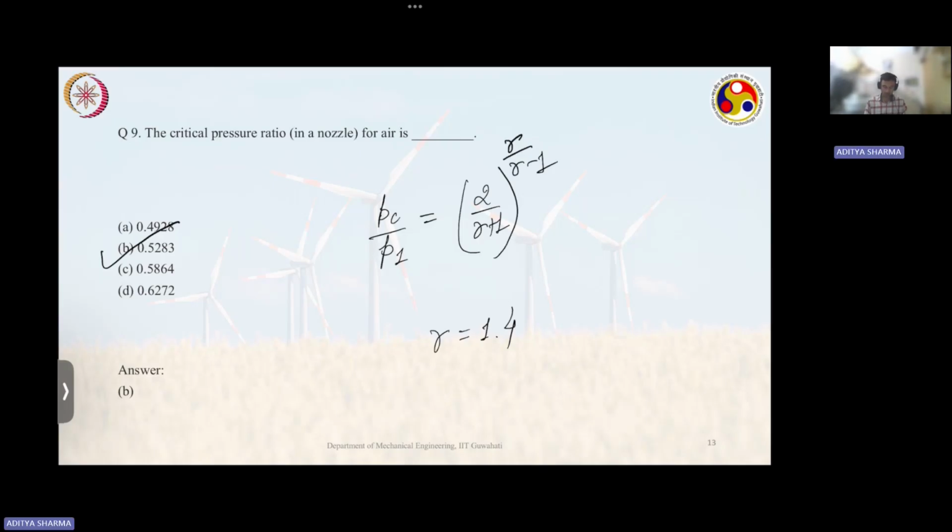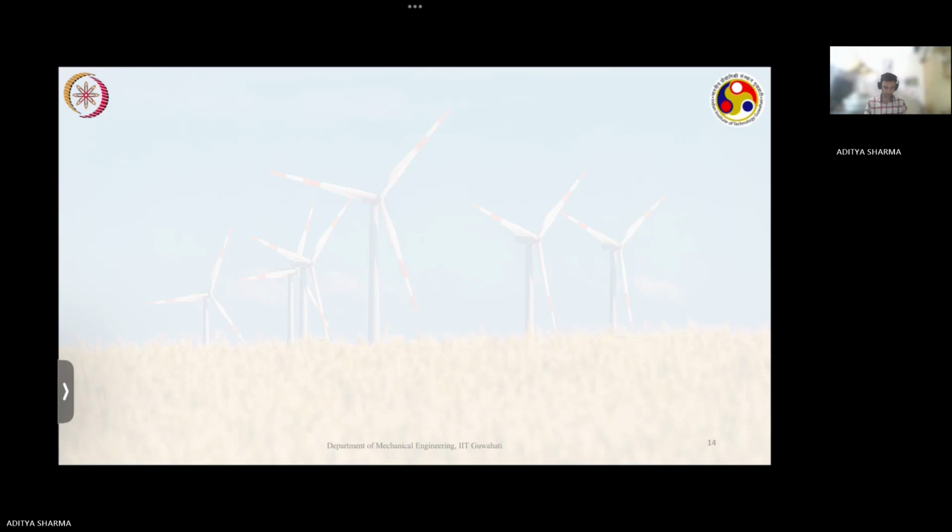Then moving on to question number 10, the critical temperature ratio.